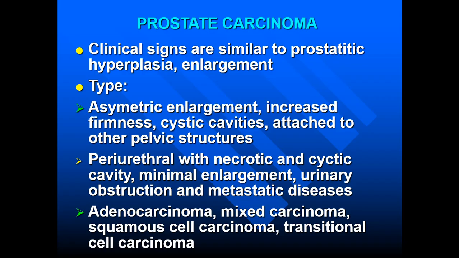As you know, the urethra has transitional epithelial cells, and those transitional epithelial cells can also develop into transitional cell carcinoma. So the disease can occur not only from the prostatic gland, but also from the transitional cells usually found in the urethra.